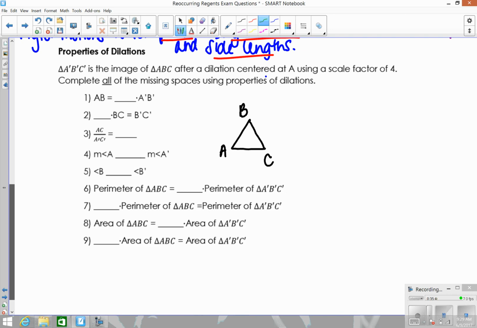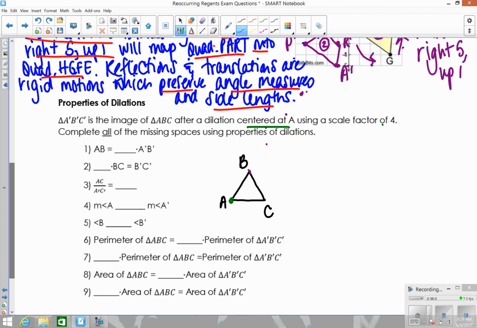And if I dilate this triangle centered at A with a scale factor of 4, you could actually do this using a compass. So what you would do is you would measure this distance and then you would do 3 more of those. So I'm just going to kind of make it look like it's 3 more of them. So 1, 2, 3, and then 4. That's where B prime would go.